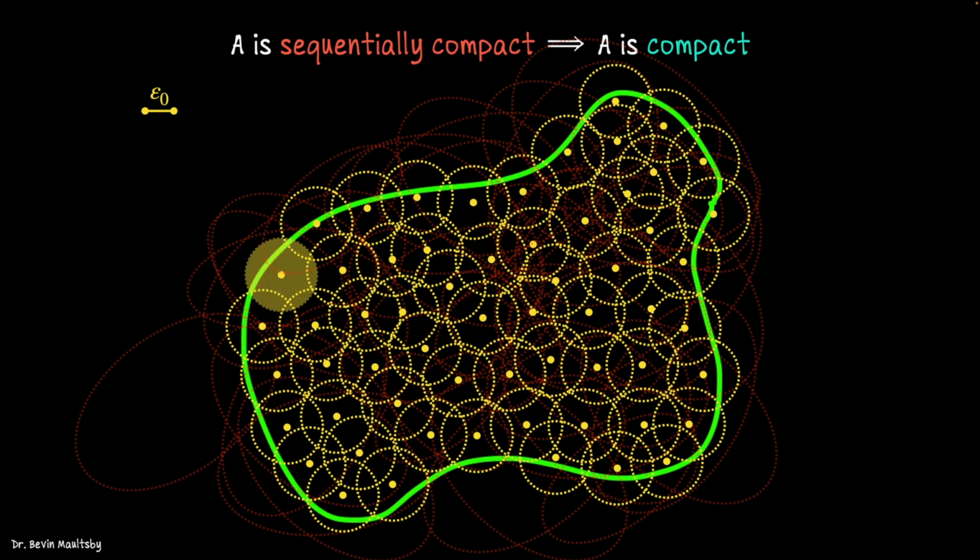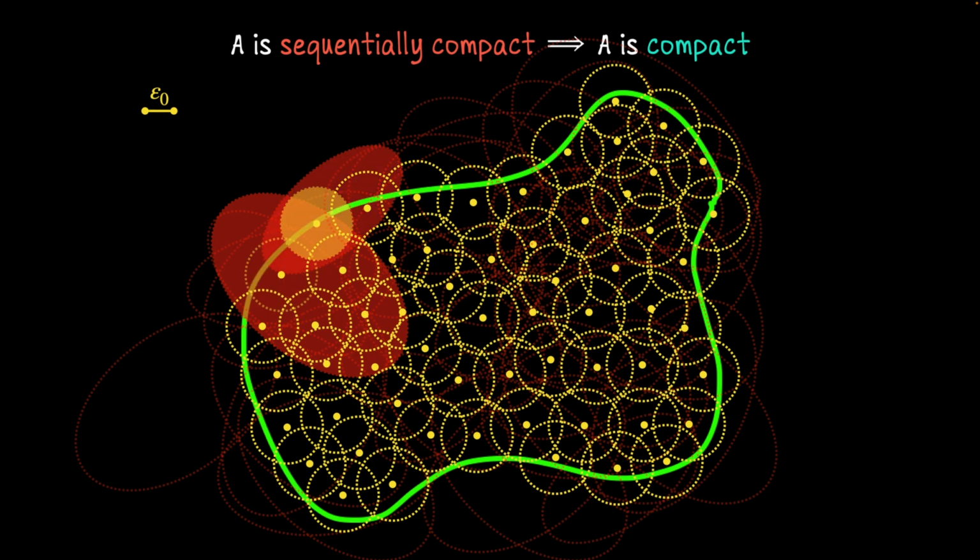For this neighborhood, by the lemma, we know that it's entirely contained inside of a single member from the open cover. So for that neighborhood, pick this member of the open cover. Move on to the next. For this neighborhood, go find an open set from the cover which covers that neighborhood. Move on to the next.